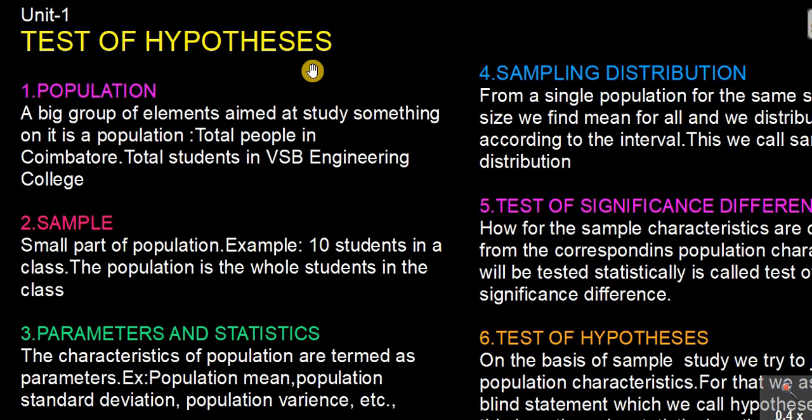I told you there are 5 steps, starting with what is a population. You must understand what is a population. A big part, of which we take a small part to understand something, is called a population.